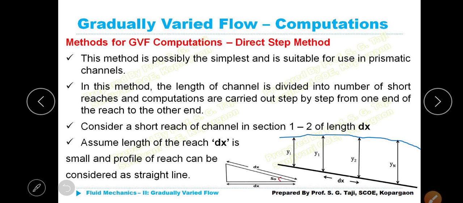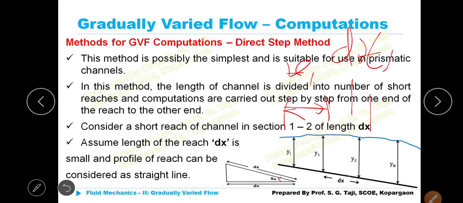In this method, the length of the channel is divided into a number of short reaches. You can see here. Short reach means what? Some considerably small distance. Say x1, then x2, or dx1.